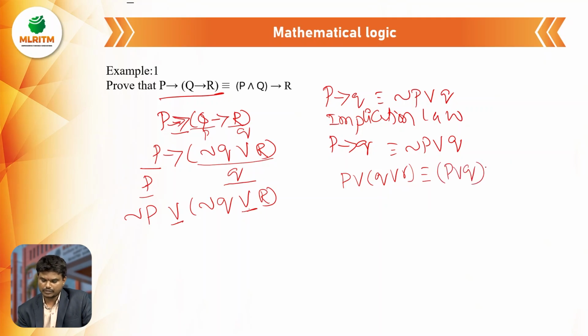P or (Q or R) is equivalent to (P or Q) or R. That is the associative law.